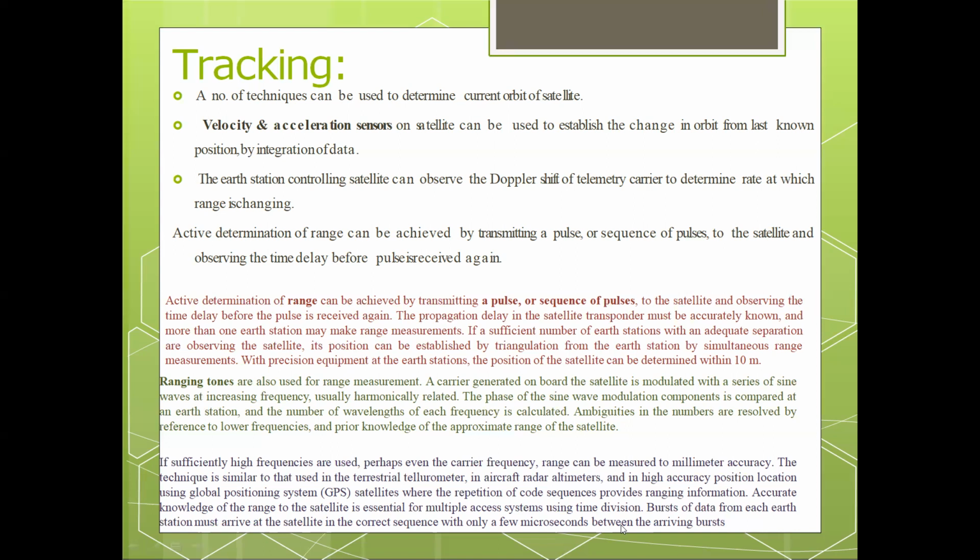If our satellite is operating in a particular band of frequency, we evaluate the signal parameters for each band. After that, some ambiguities in the numbers are resolved by taking the lowest frequency. Therefore, prior knowledge is implemented and the approximate range of the satellite is evaluated under the condition.